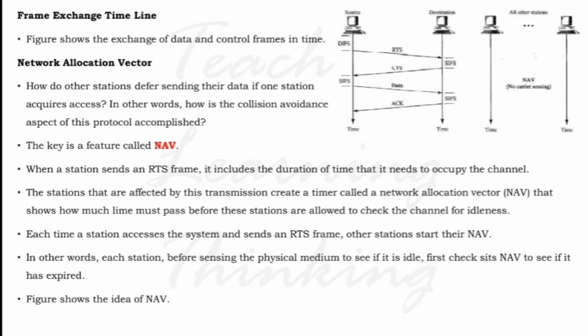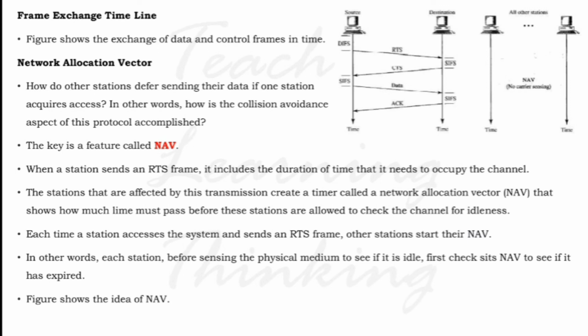The network allocation vector: when a station sends a request to send frame, it includes the duration of time that it needs to occupy the channel. The stations that are affected by the transmission create a timer called the network allocation vector, which shows how much time must pass before the stations are allowed to check the channel for idleness.